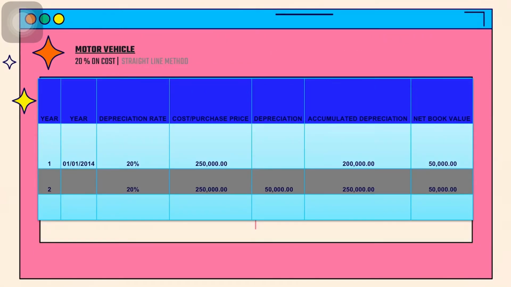For the motor vehicle, the depreciation rate is 20% on cost. It means you have to use the straight line method. Firstly, the depreciation rate 20% times the cost 250,000, so you will get the depreciation which is 50,000.